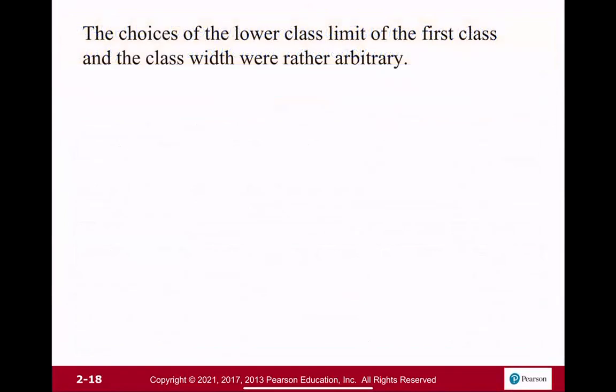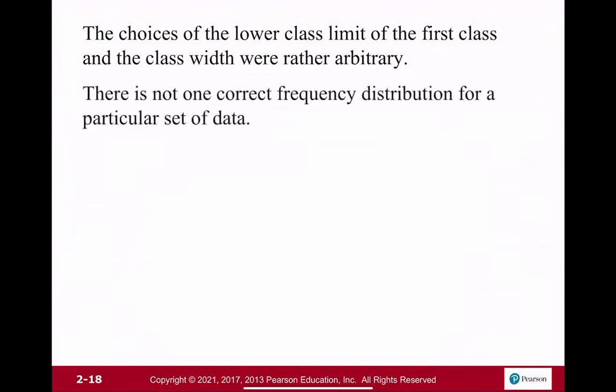So the choices of the lower class limit in the first class and the class width were rather arbitrary. It's not an exact science, but some things do look better than others. Like you don't want just 2 classes, right? You want to have a good dispersion of the classes so that you could see what happens within each of those classes.